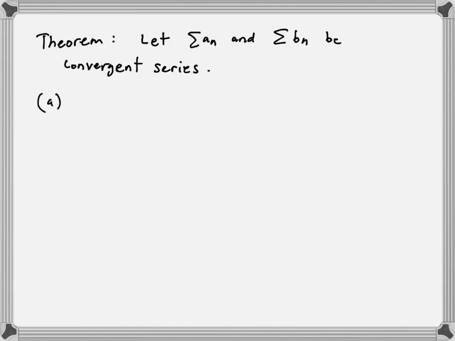The first thing we could say is that if you multiply a series by a number, so let c be a real number, then if you take a series and you multiply it by a real number, this guy is convergent.